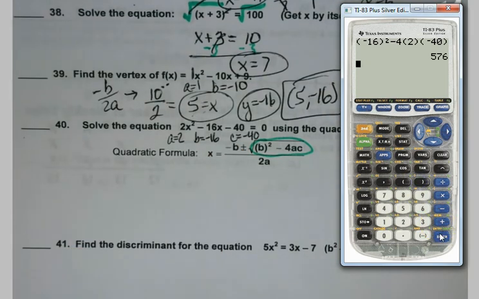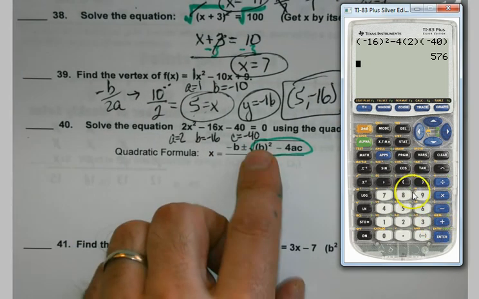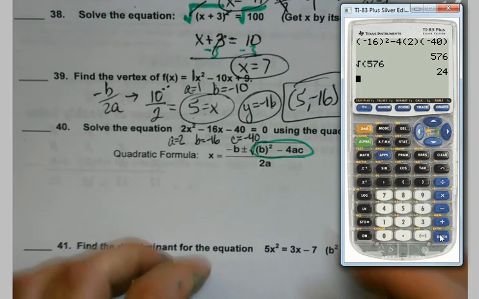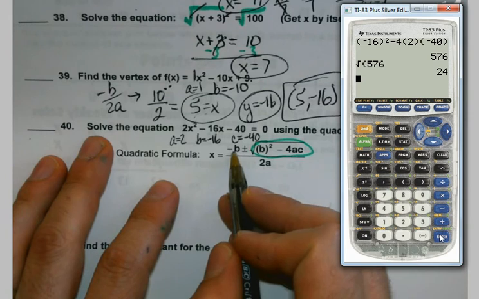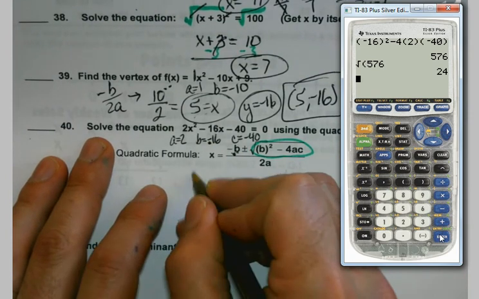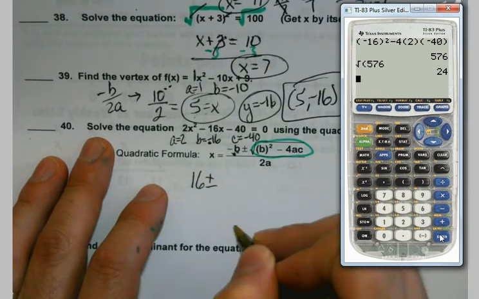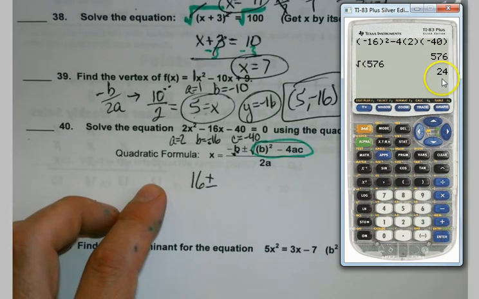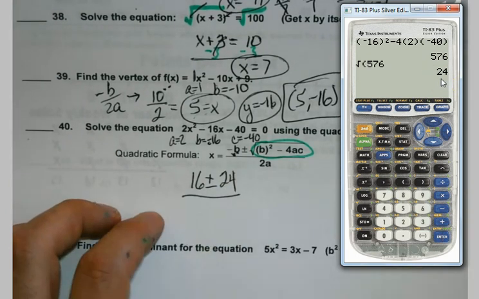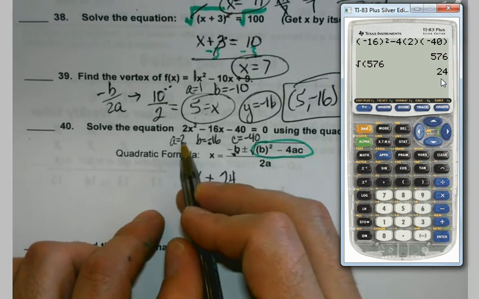Okay, I get that part first, but then I'm supposed to take the square root of it. So the square root of 576, okay, is 24. So here's how this is going to work. Opposite of b, so the opposite of negative 16 is 16, plus or minus the 24 that I just found here, all over 2 times a, which is also 2.